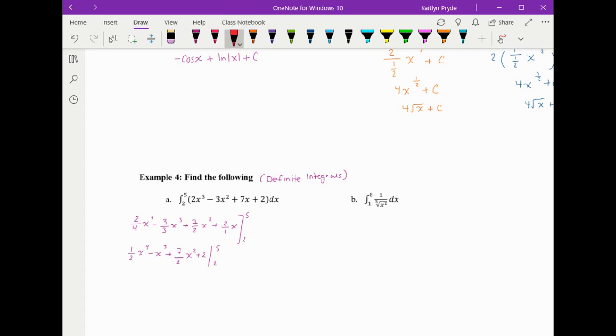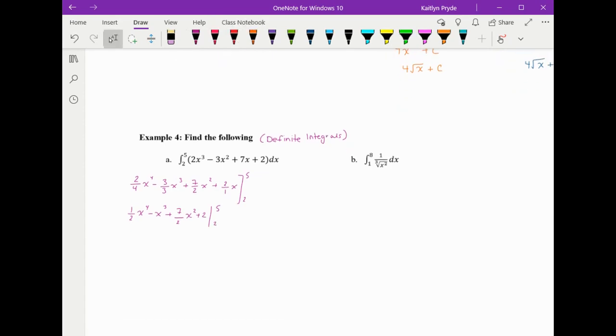Now once I'm there, I can plug in my x value as a 5 and subtract from it when my x is a 2. So I'm going to move this over to give myself enough room. We have 1/2 times 5 to the 4th minus 5 cubed plus 7 all over 2 times 5 squared plus 2. And from that, we're going to subtract what happens when my x is a 2.